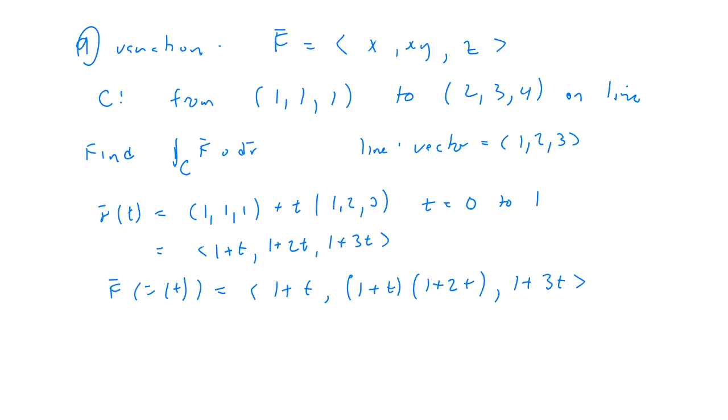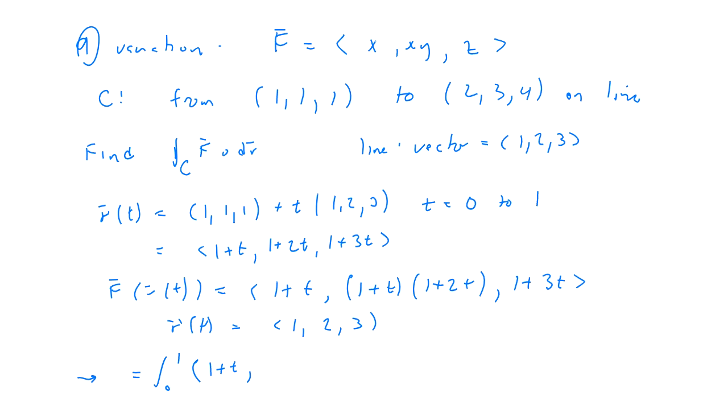And then take the derivative of the parameterization. And then we do the integral from 0 to 1. And what do I do with the two vectors I've got? Just take the dot product.